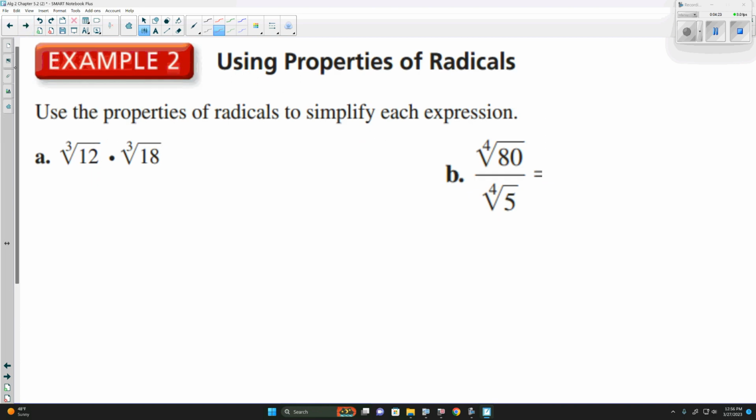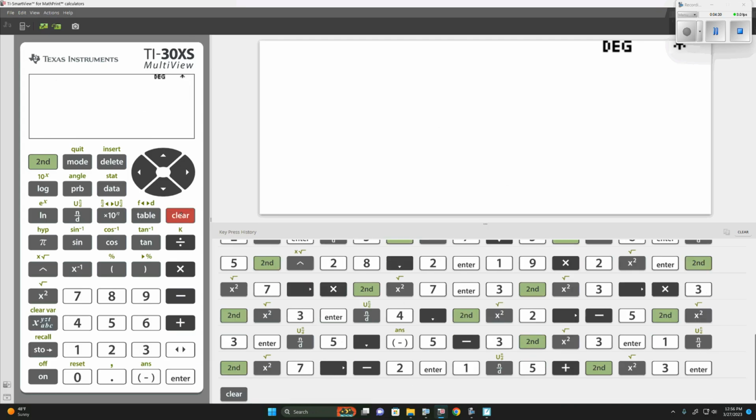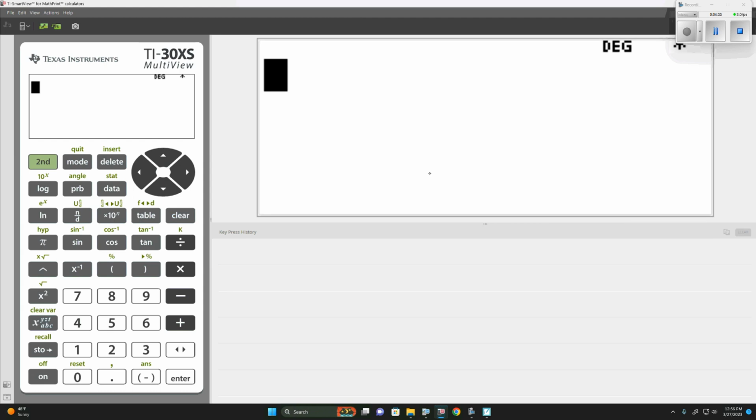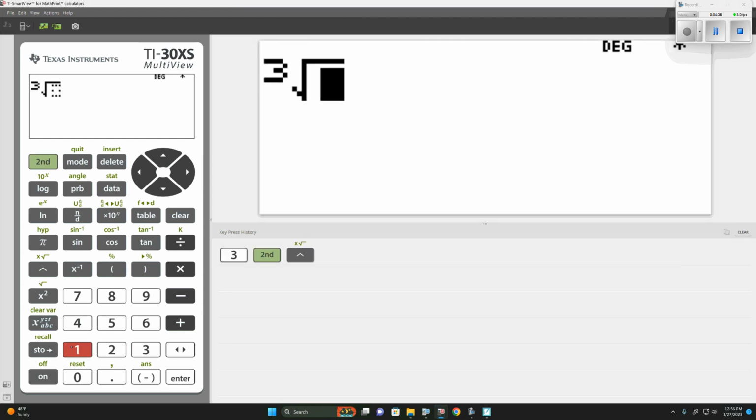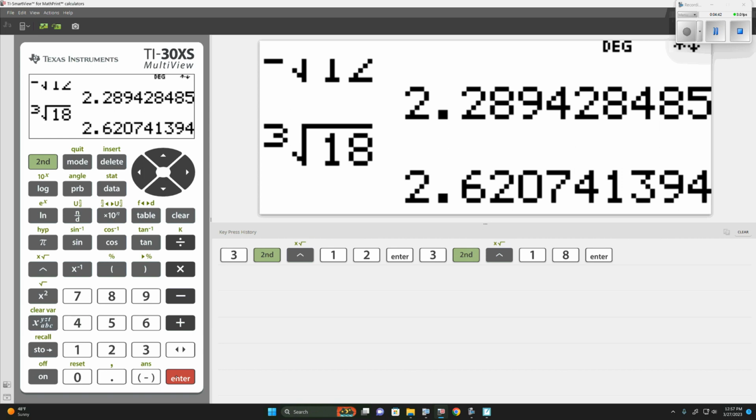Now if we look at the first one here, the cubed root of 12 times the cubed root of 18. Clear all that out. So if we take the cubed root of 12, we get a decimal answer. If we take the cubed root of 18, we get a decimal answer. So we can't take those individually.